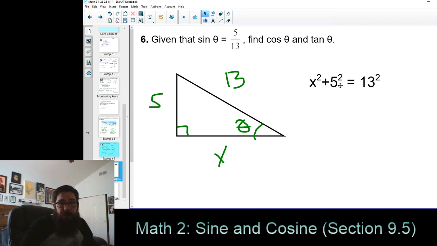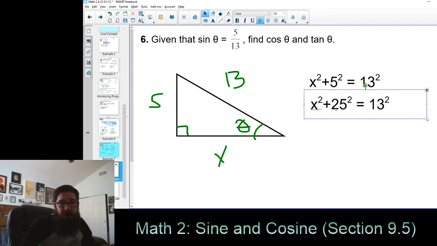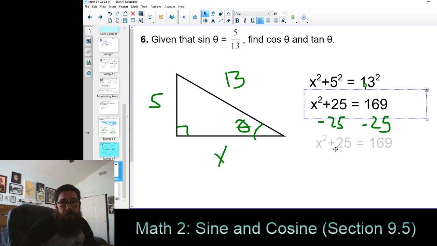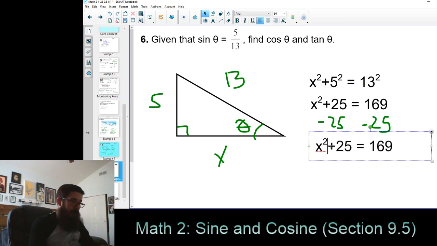All right, let's clean this algebra up. This is going to be x squared plus 25 equals 169. Subtract 25 from both sides. That's going to give me x squared equals 144.